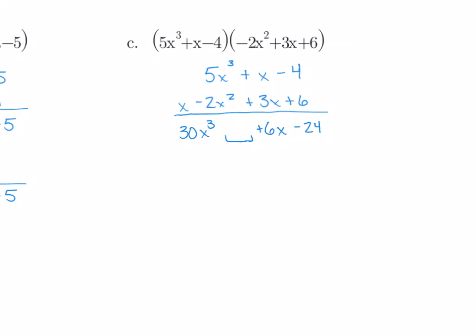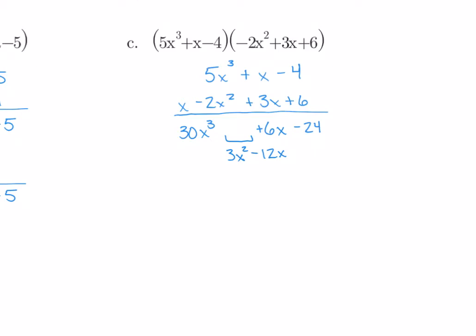All right, let's move on to our 3x. We get 3x times negative 4 is negative 12x. We get 3x times x is 3x squared. I'm going to put it here. We get 3x times 5x cubed is 15x to the fourth.